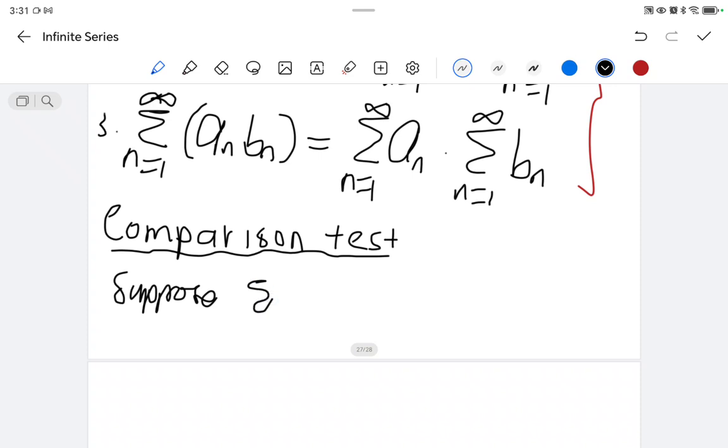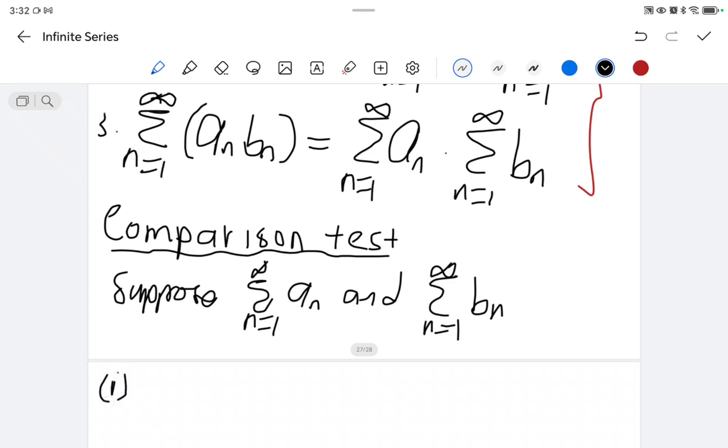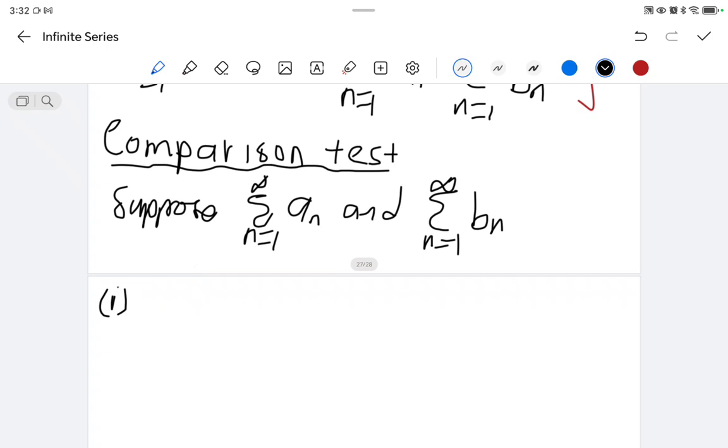So now suppose that we are given the series of a of n and the series of b of n, right? We are supposing that these should be greater than 0.